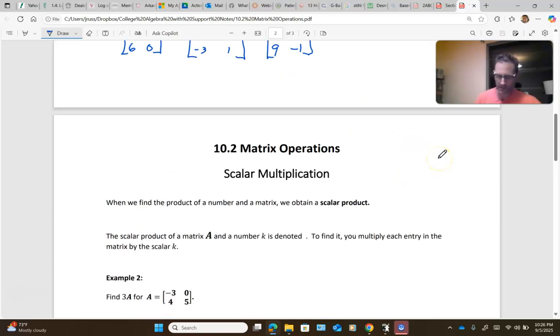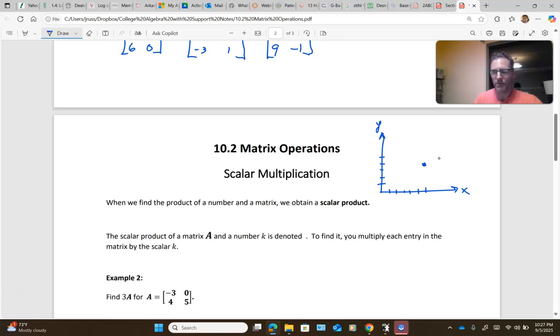Remember how I said matrices can be used to represent objects? Well, let's say we've got this x-axis and this y-axis, and I'll label this a little bit. Let's say we've got some object sitting about right here.